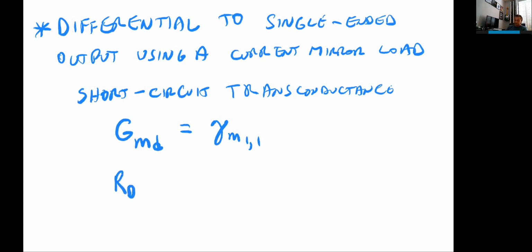Also, the load is going to be, since now the load or the output is going to be on the Q2 side that has Q4 on top as part of the current mirror, the RO is going to be, for the purposes of the discussion here, the output resistance of transistor 2 in parallel with the output resistance of transistor 4.